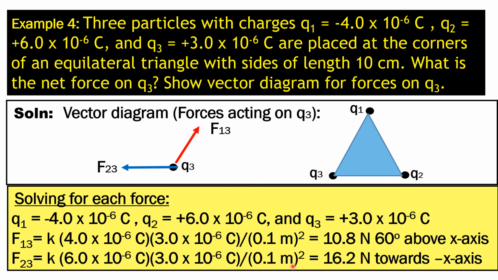Square that. I just labeled here the value of K. It's understood that the whole thing will still be multiplied by 9 times 10 to the 9. That's the value for K. And as a result, you will get the value for F23 equals 16.2 newtons.